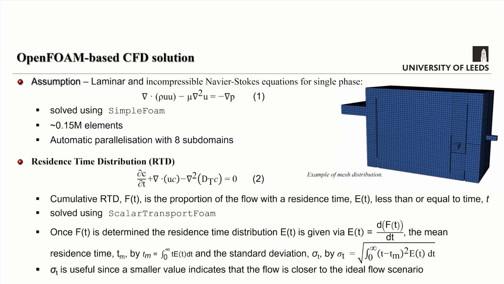For plug flow, you obviously want the flow to go as quickly as possible. Mathematically, you want like a Dirac approximation. You want this E(t) to be as peaked as possible. You don't want it to be spread.